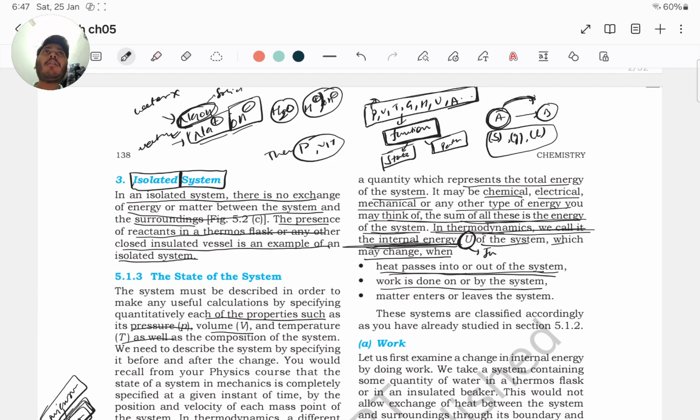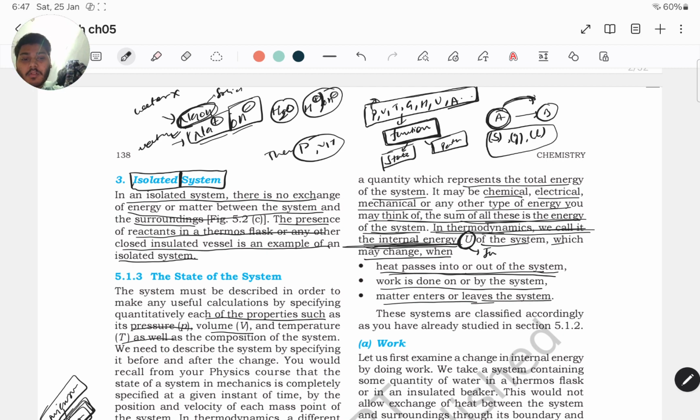So the system can do work. The matter enters or leaves the system.